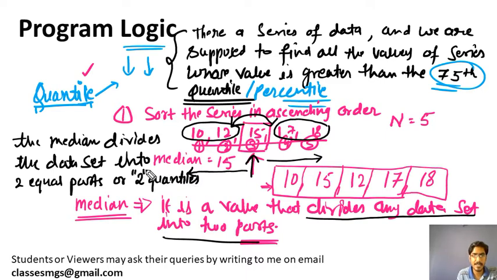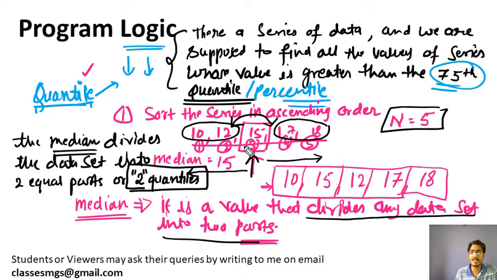If any value is dividing the whole data set into two quantiles, this value is known as the median. Okay, here n is 5, that's why the middle element 3 becomes the median.